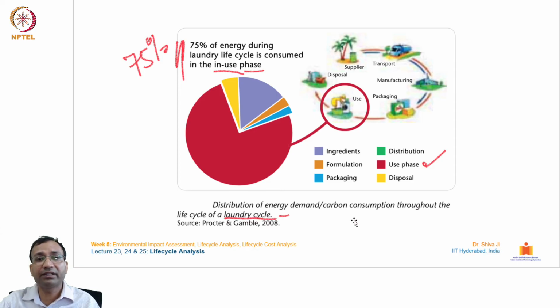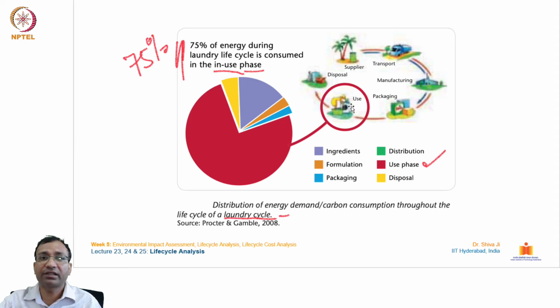Here the example is for laundry, the cloth washing activity. If you see, 75% of energy during the laundry life cycle is consumed in the use phase. While it is being used at the user facility, this is the place where it consumes 75% of the energy of its entire life cycle.